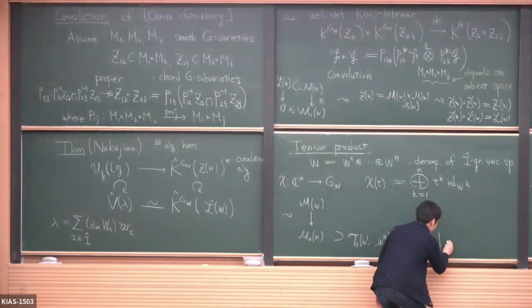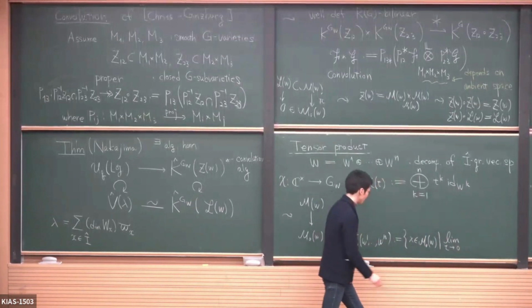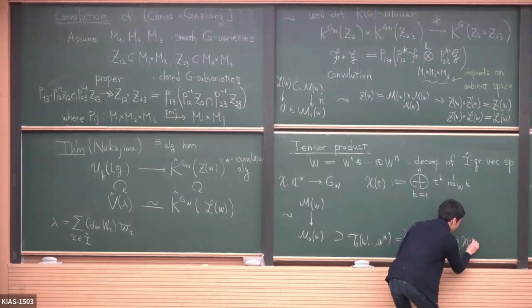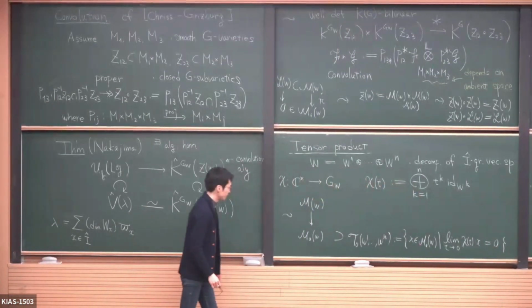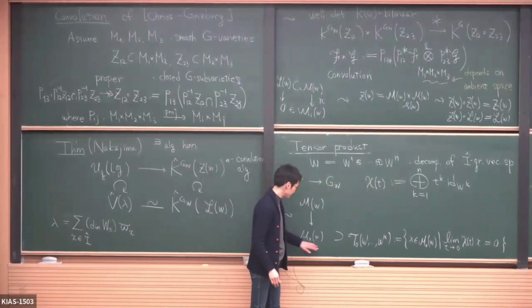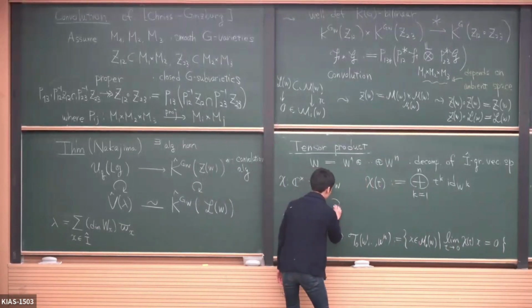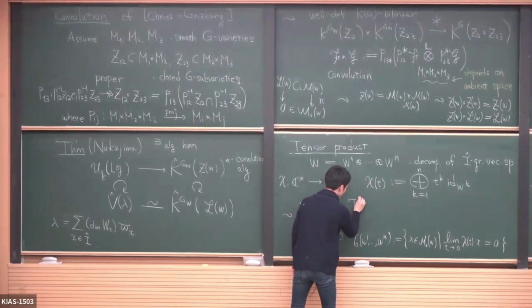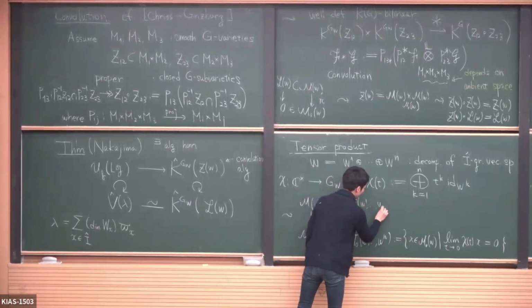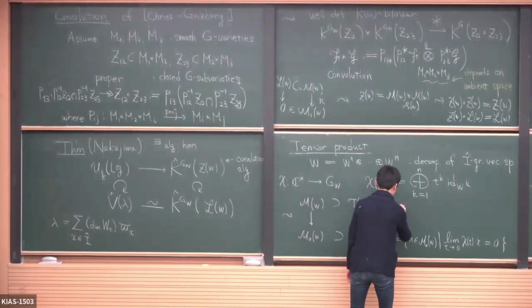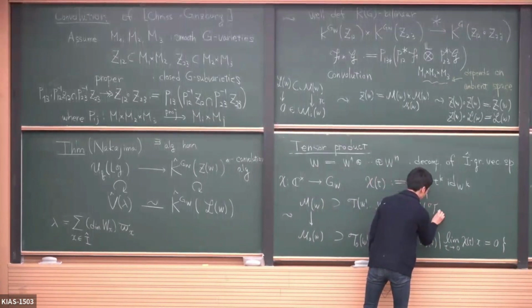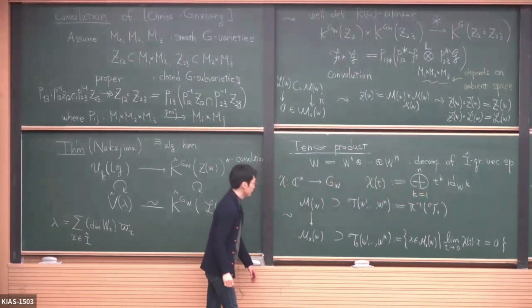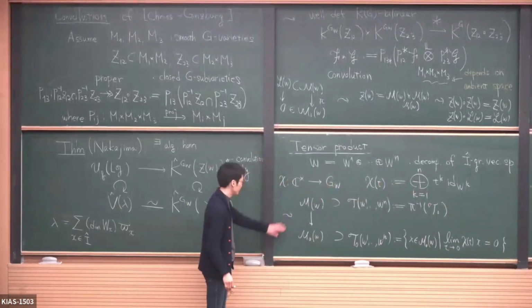So if we consider the limit t to 0 of this chi(t) times x, then this will be 0. So this is a closed subvariety of this M0. And we take its pre-image along this pi to define this T inside this M.